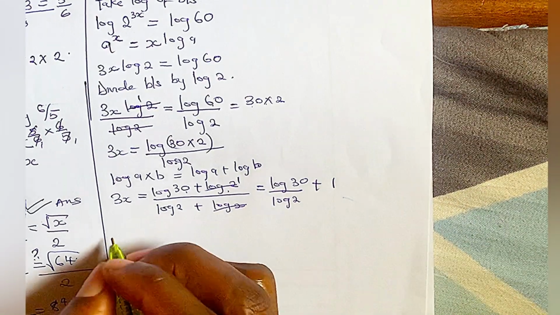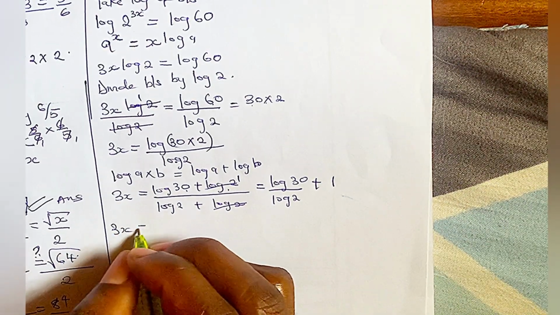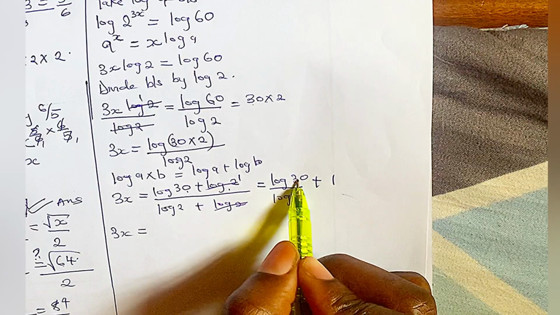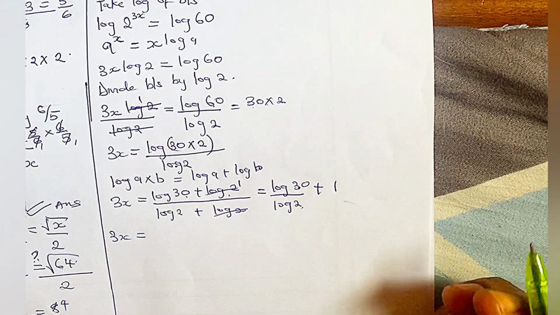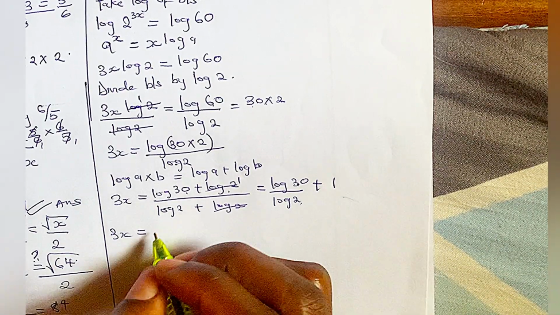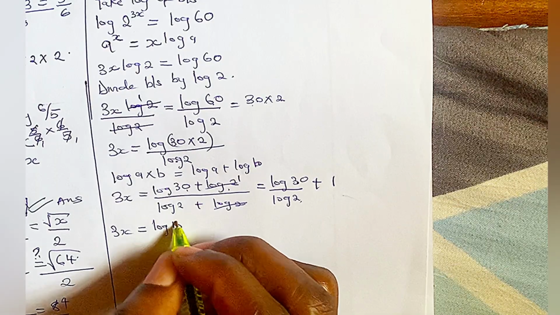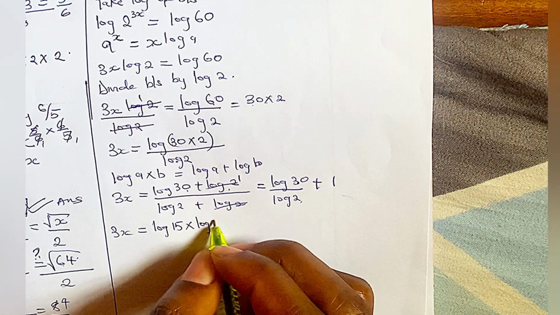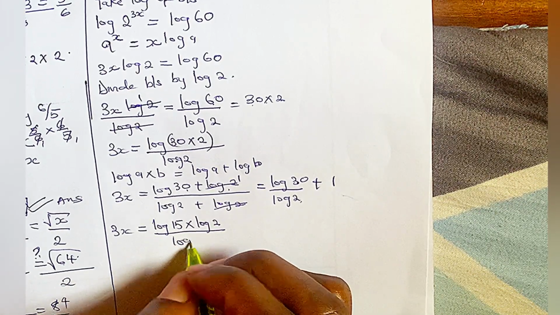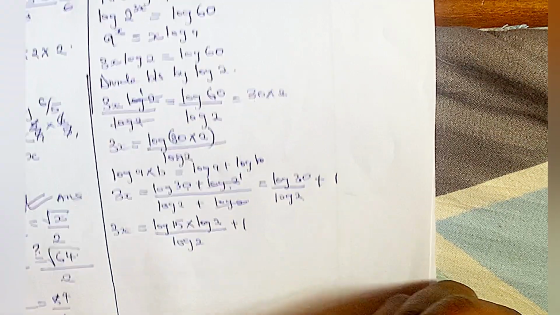Now, we go again. 3x is equal to, now we can also write this 30 as 2 multiplied by 15, which will give us 30. So let's write that log 15 multiplied by log 2 all over log 2 plus 1.